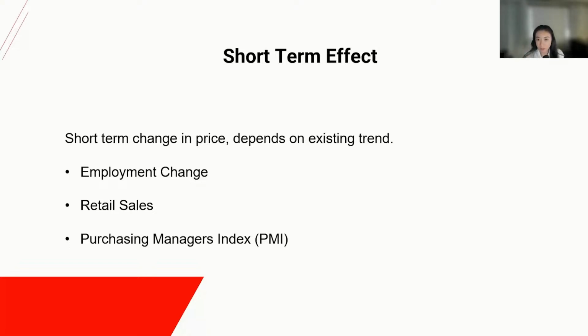In the alternate scenario, a low PMI will indicate a weaker economy, leading to a weaker currency. So all three of these are very correlated to whether the currency is strong or weak. The better the number is, the stronger the currency. The worse the number is, the weaker the currency is.